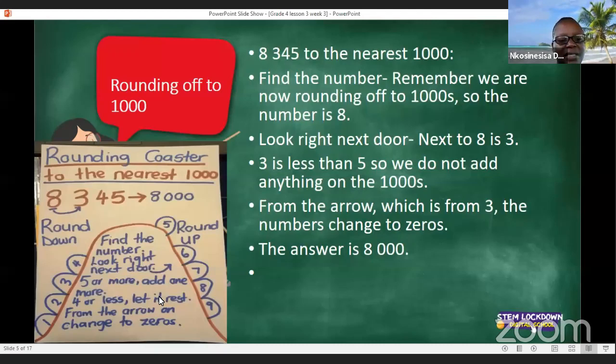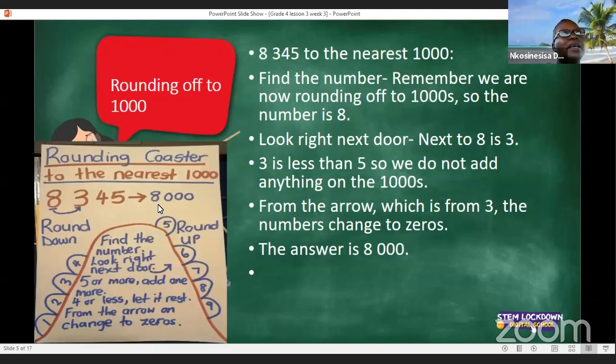What is this let it rest? We are letting the thousands rest because we are rounding off to the nearest thousands. And then the last step: from the arrow, and the arrow is at 3, we have to change everything to zeros. So our arrow starts from 3, 3 becomes a 0, 4 becomes a 0, 5 becomes a 0. Remember, we did not change the 8 because 3 was small.